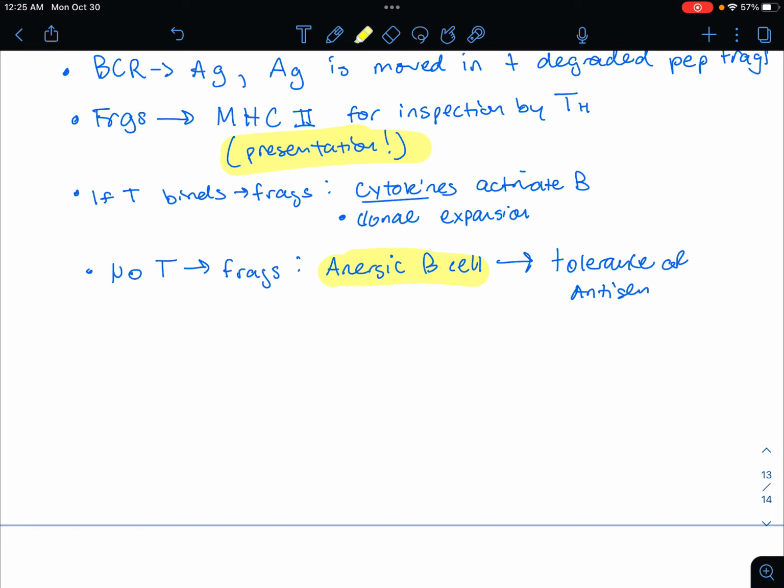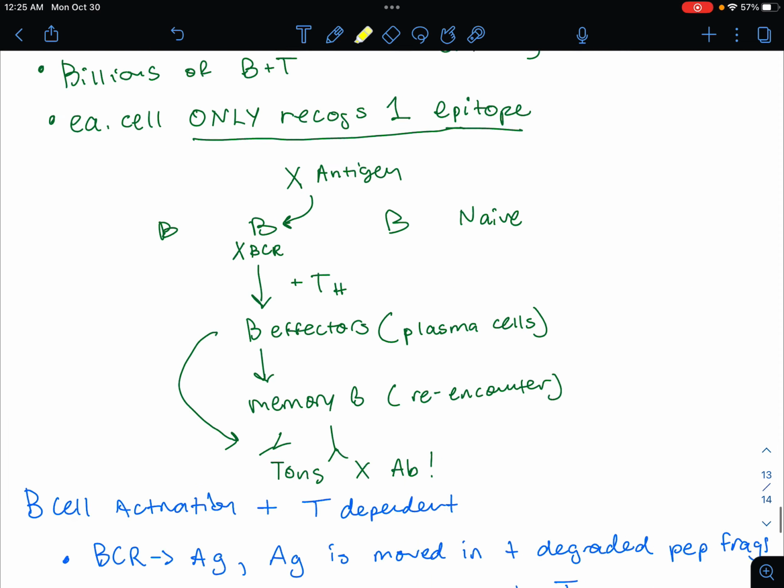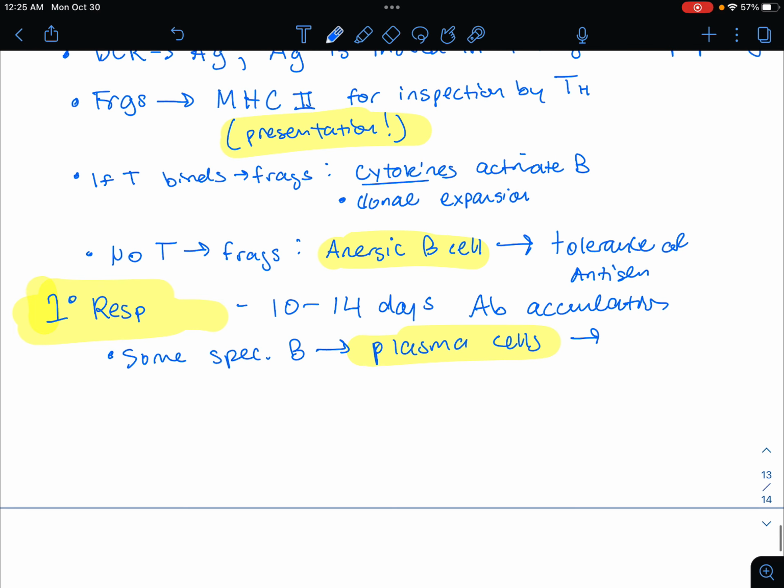Okay, characteristics of the primary response. Again, primary response. This is going to be 10 to 14 days for antibody accumulation. Some B cells will become plasma cells, as seen in that diagram about the clonal expansion or clonal selection. And the plasma cells are going to make antibodies, but they're also short-lived.